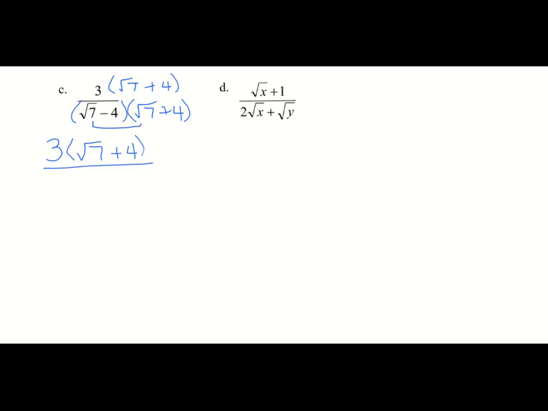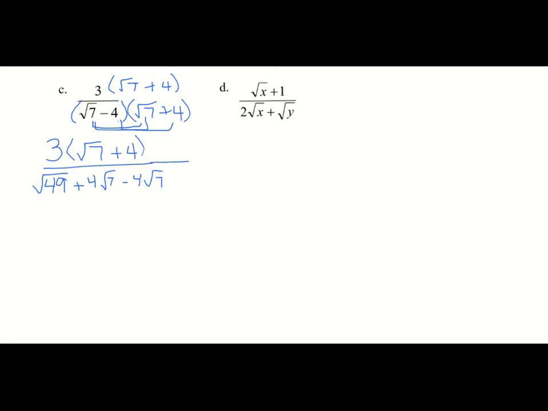So when we FOIL the bottom, the square root of 7 times the square root of 7 is, again, the square root of 7 squared, or the square root of 49. And then the square root of 7 times 4 will be a positive 4 square root 7. And then the square root of 7 times negative 4 will be negative 4 square root 7.